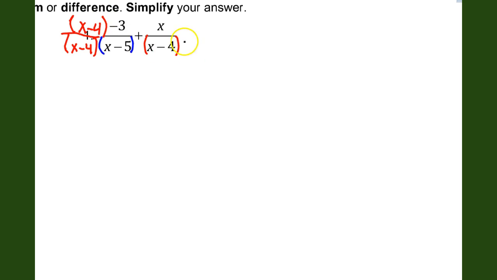And I'm going to multiply the right-hand side by x minus 5, top and bottom. Of course, we do this top and bottom stuff because that way we're technically multiplying by 1 on each side. And if you multiply by 1 in any form, it does not change the answer. It keeps it equal. So we have one common denominator.